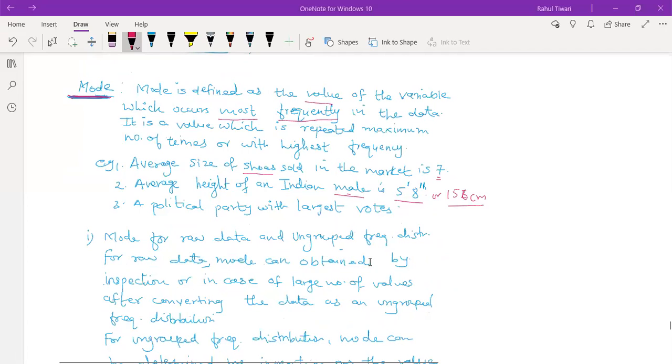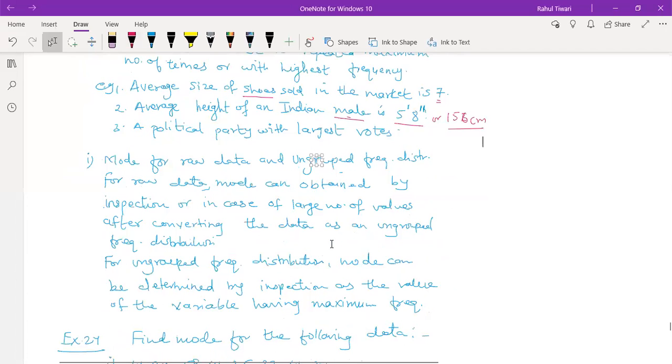Okay, so we will see now the first one, which is mode for raw data or ungrouped frequency distribution. How can this be used? For raw data, as I mentioned, mode can be obtained by the inspection method, or, for large data, by converting the data into an ungrouped frequency distribution.